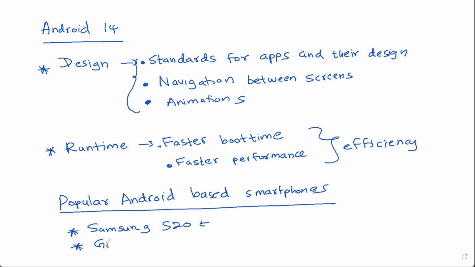And then Google Pixel. Google Pixel is a phone that has fluid performance, and it is almost like an iPhone, I would say.